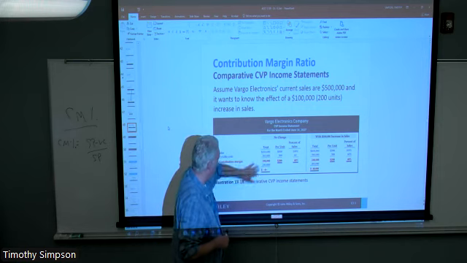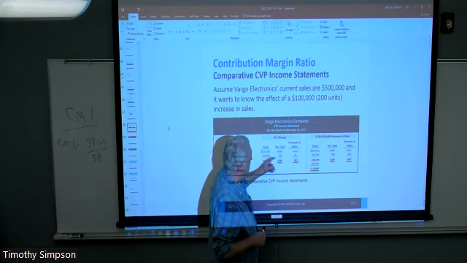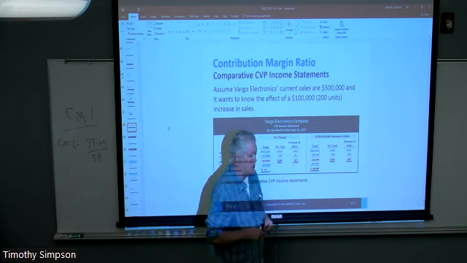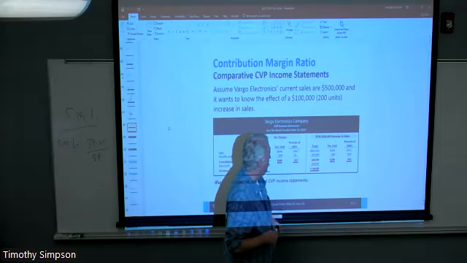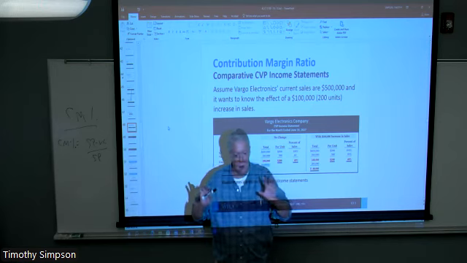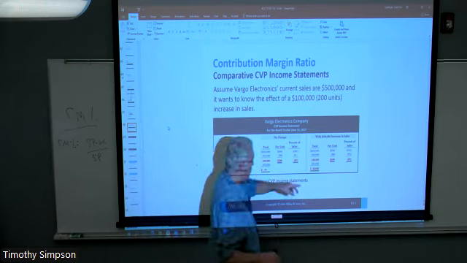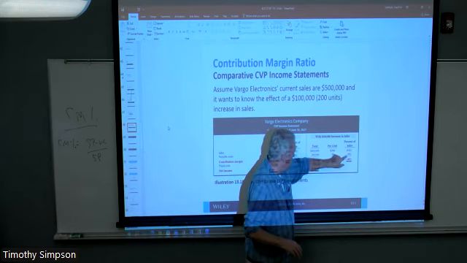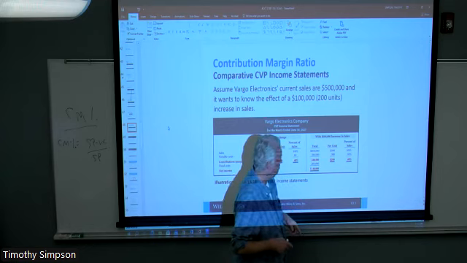Okay, so in this case, we've seen this before, everything's the same. So we go back to this idea I talked about before, and it's a what if. What if we increase sales by 100,000, assuming again that our cost structure is stable? That is, contribution margin is stable, which means variable costs are still 60% of sales price.